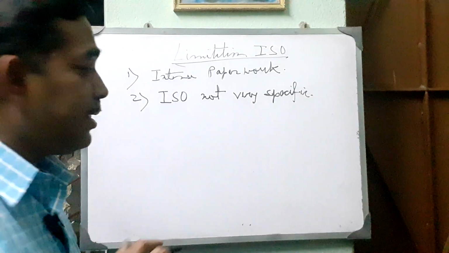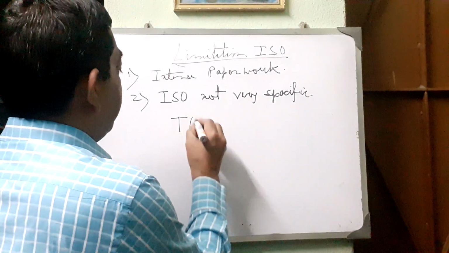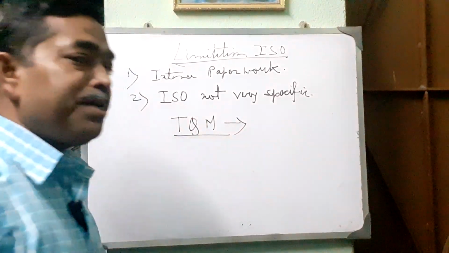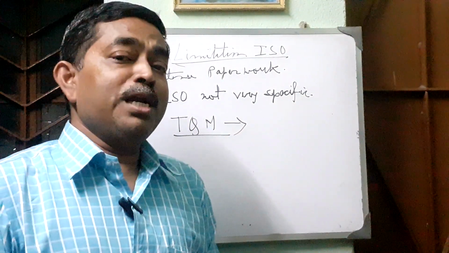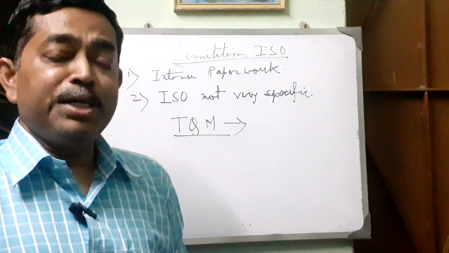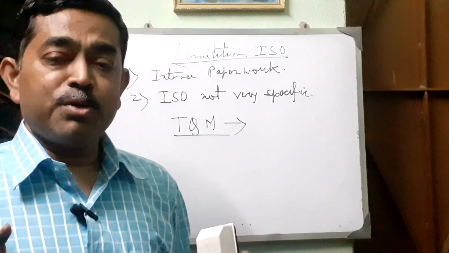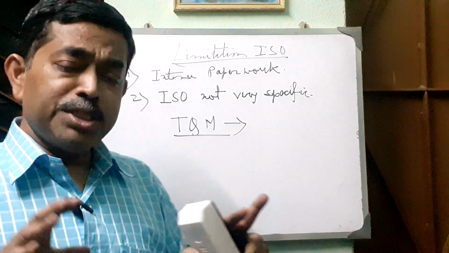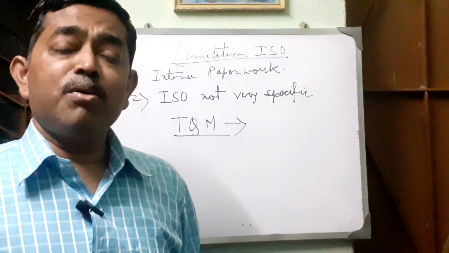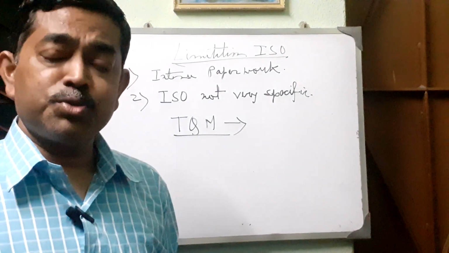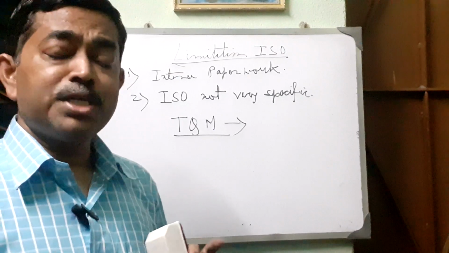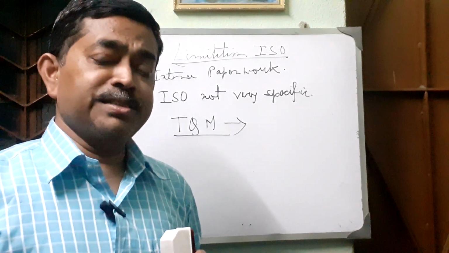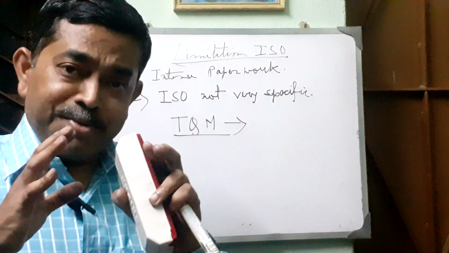There should be another department called TQM, total quality management. This department should be under the total quality control manager, who has some staff with him to run these things.